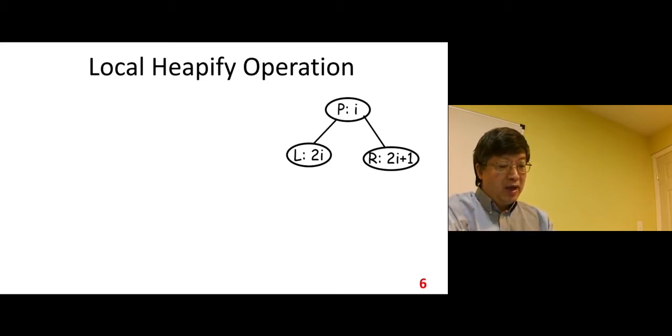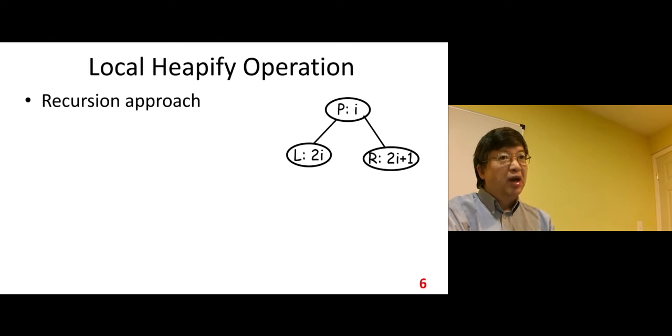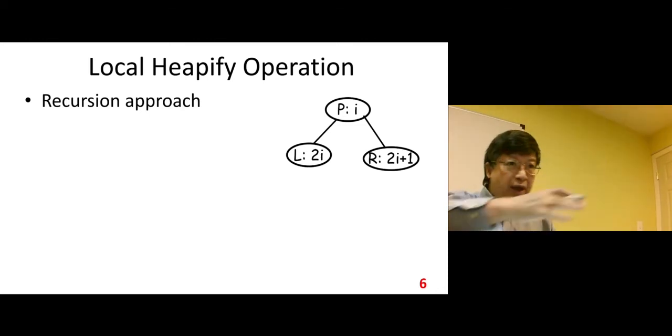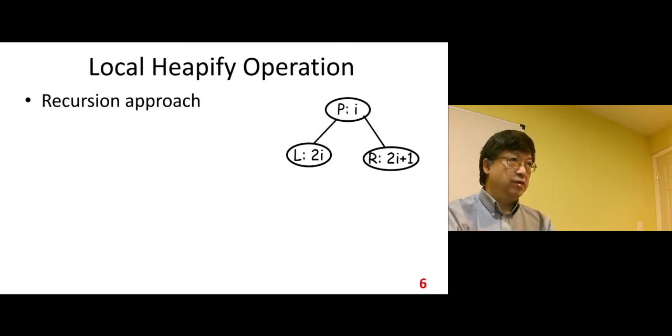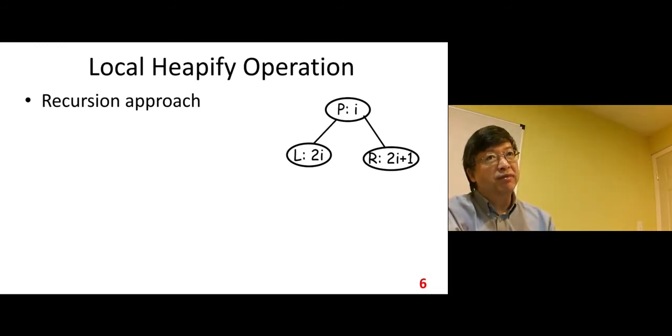We use a recursion approach, because we need to do that fixing operation all the way down to one of the leaf nodes. That's why only recursion can make that representation very easy.